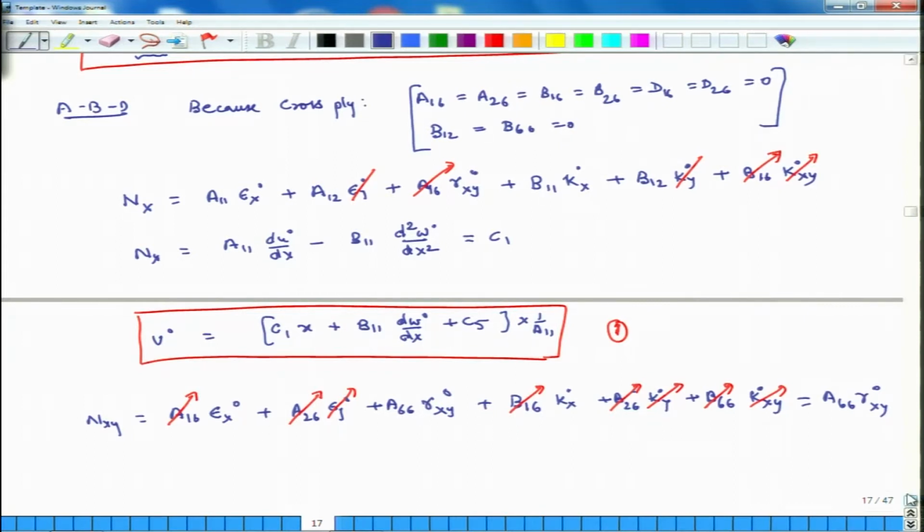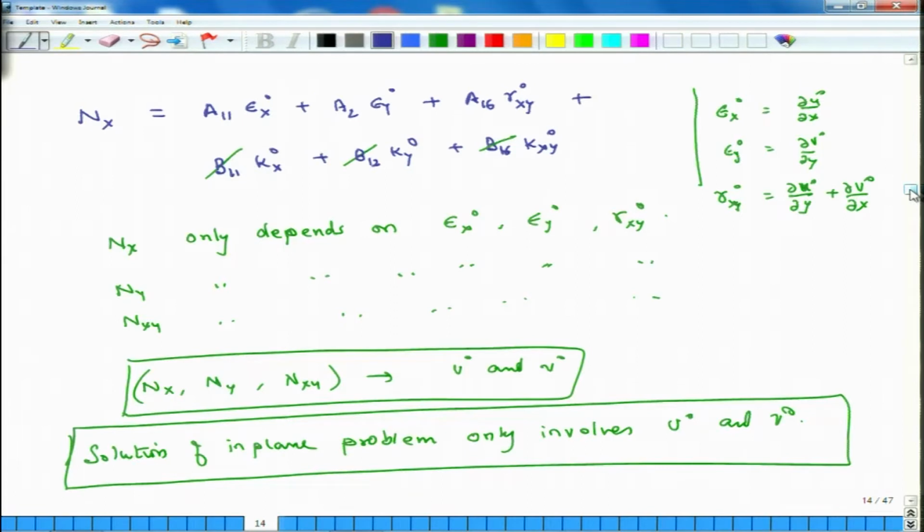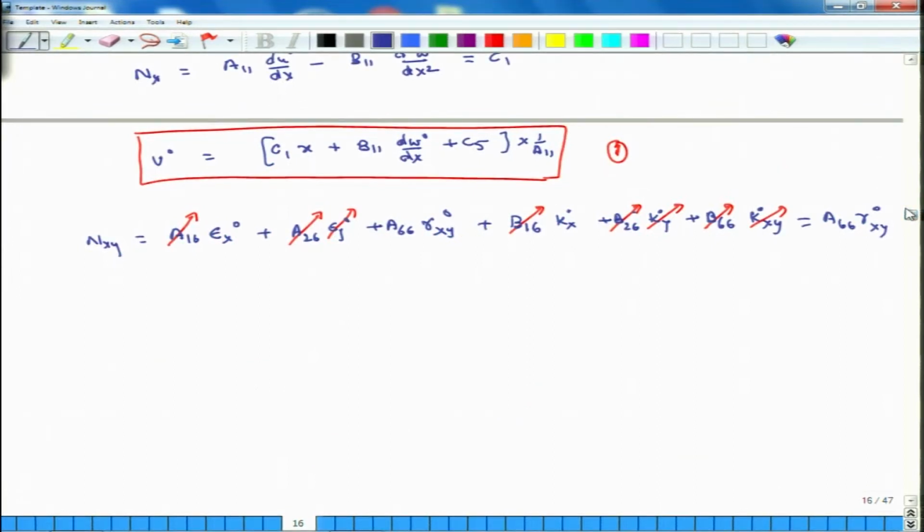And gamma xy, if you remember somewhere back we had said gamma xy is del u over del y plus del v over del x, but del u over del y is 0. So, it is del v over del x only. So, we can say that Nxy is equal to A66 dv naught over dx. So, this gives us V naught, which is a function of x, is equal to, and what is Nxy?